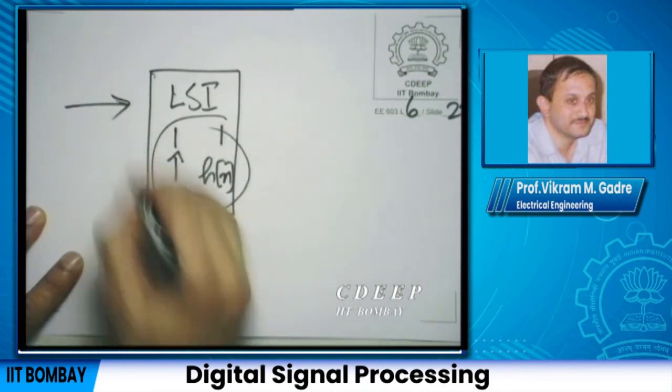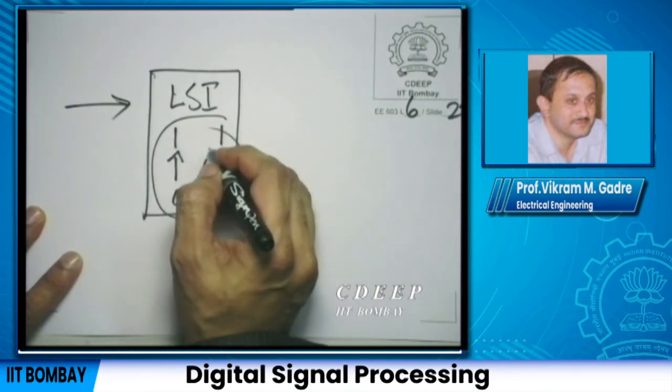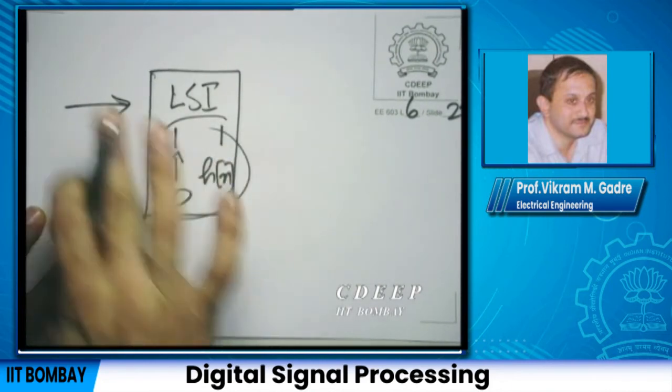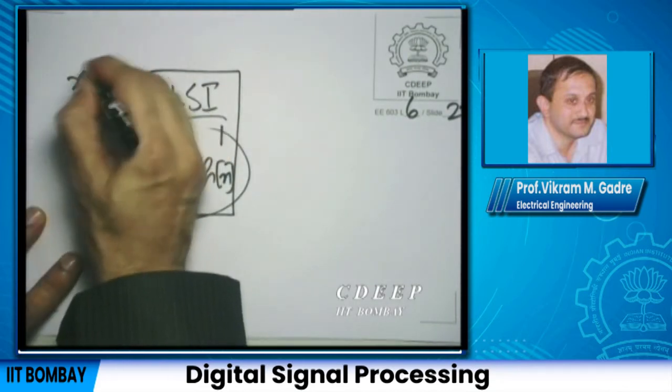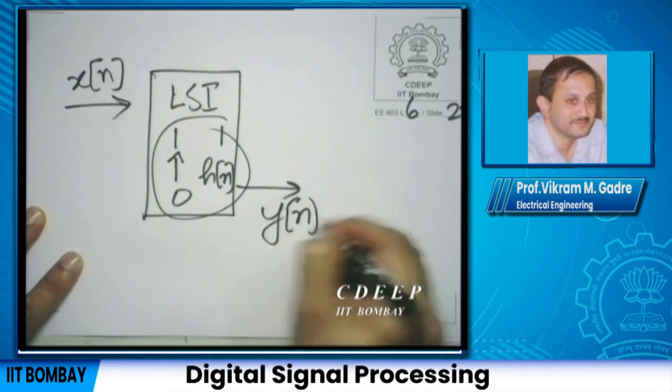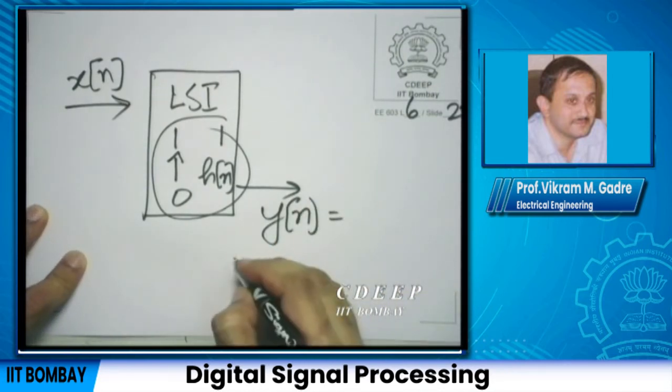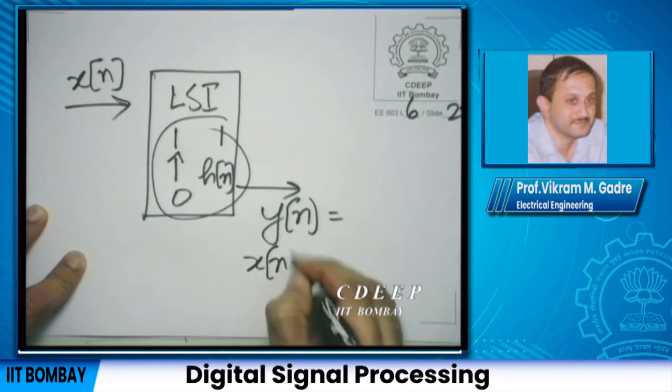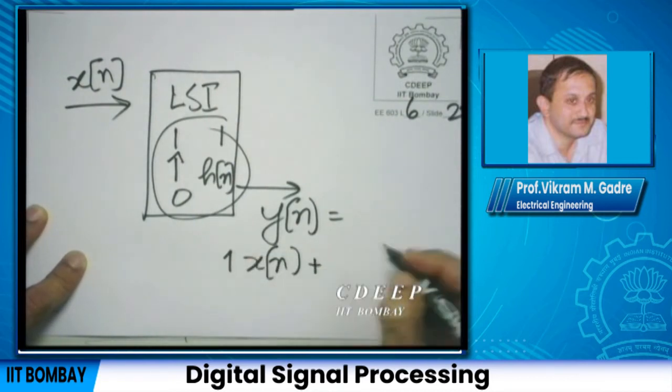Once I know this unit impulse response, I know everything about the LSI system. So once I write this, I have specified it completely. If I have an x of n, what I am saying is y of n is essentially x of n times 1 plus 1 times x of n minus 1.